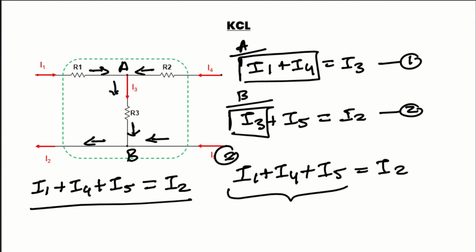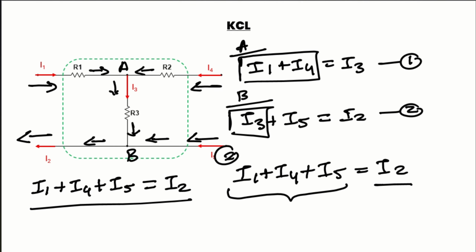Here, I1, I4 and I5 are the currents coming towards the network, whereas I2 is the current going away from the network. So at a junction or a network, we can say that the current coming in should be equal to the current going out.